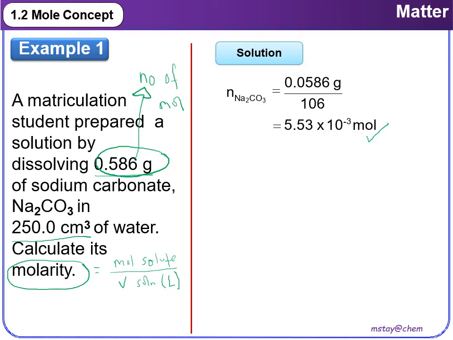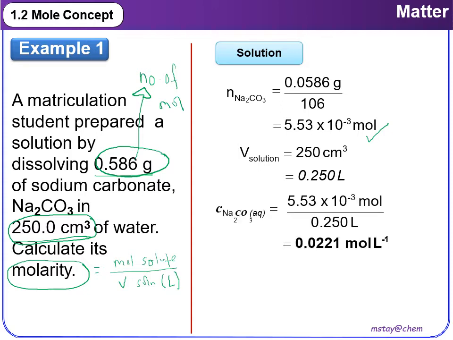Then the question also gives us the volume, but this volume cannot be substituted directly into the formula because the volume is in centimeter cube. So we need to convert centimeter cube into liter. Then only we substitute into the formula, and we get the molarity of the sodium carbonate as 0.0221 mole per liter.